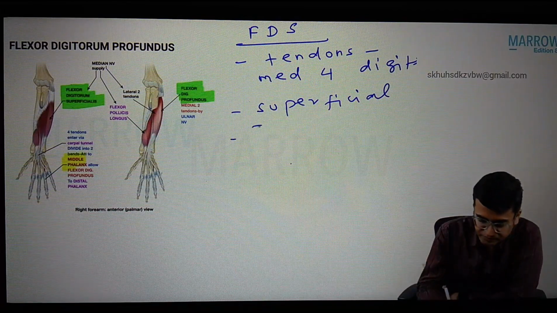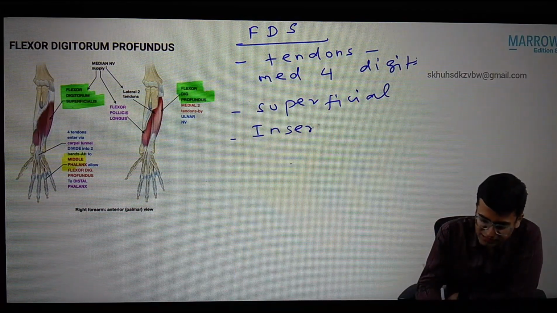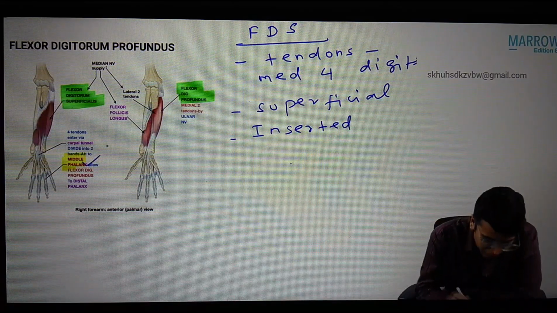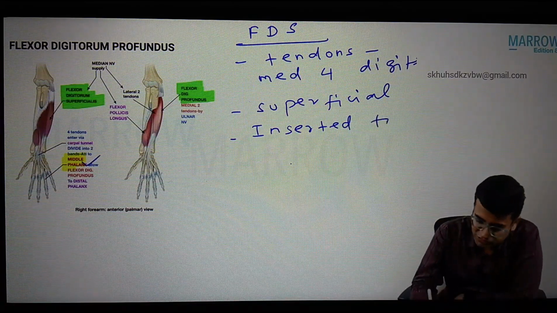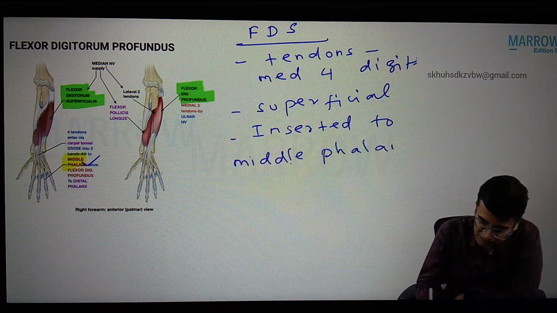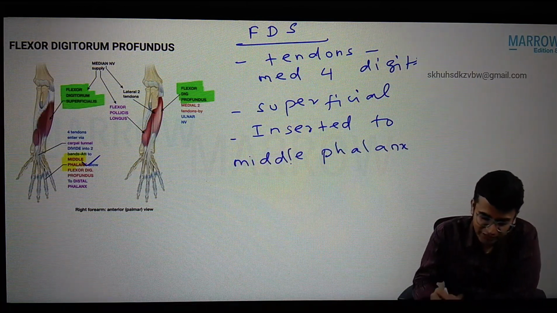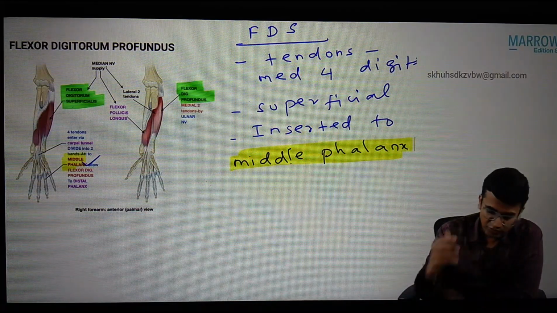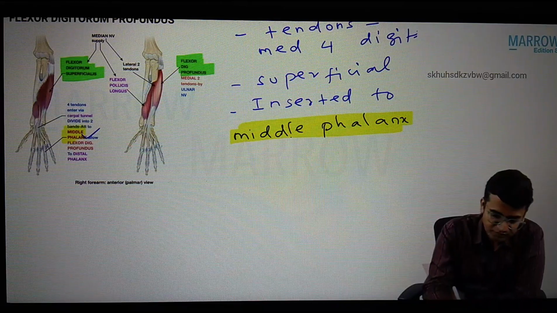Next, insertion. FDS comes all the way down and is inserted to the middle phalanx. This is very important. Attached to middle phalanx. Now, actions of FDS.